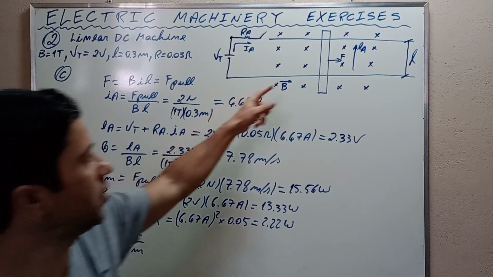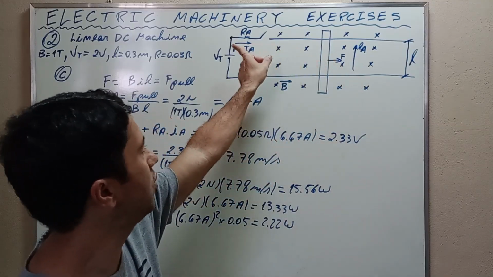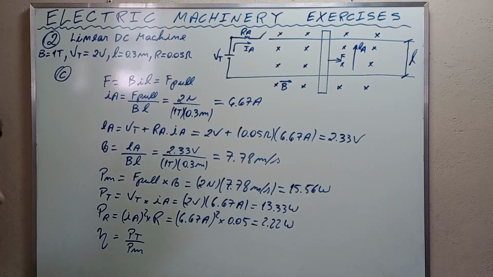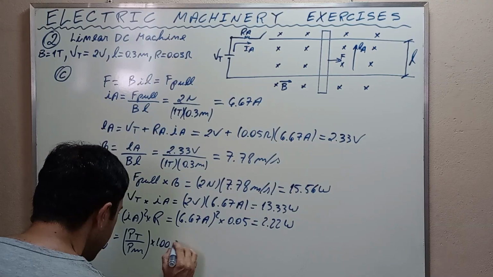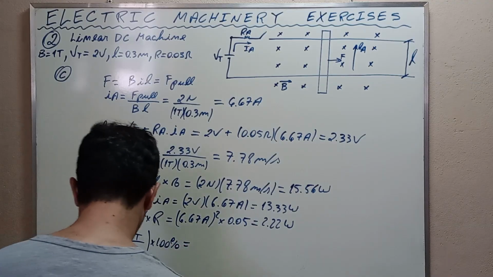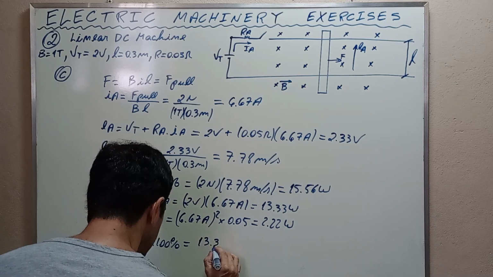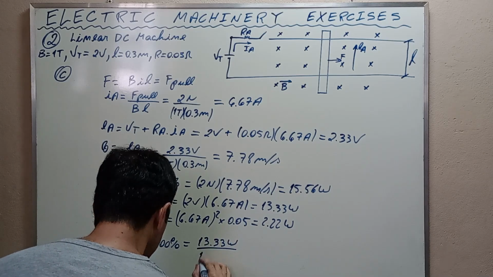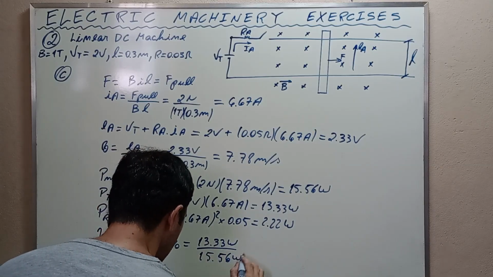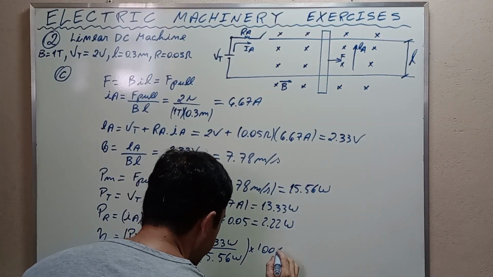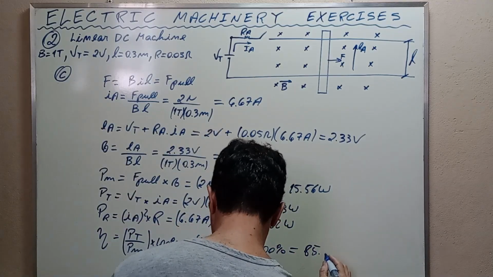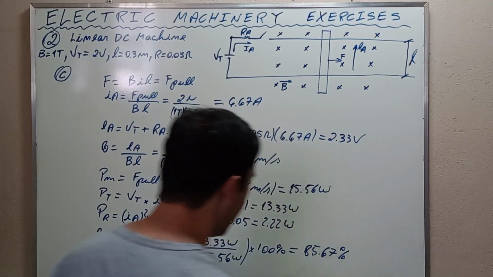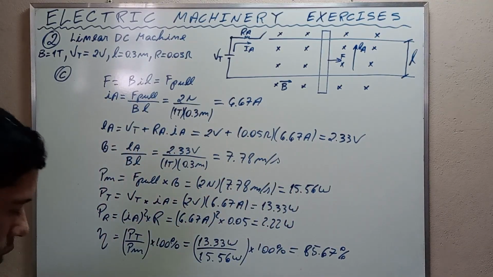But now, as there is this pulling force and the current is going backwards, thus charging the battery, the efficiency is going to be in this way, times 100%, and this is equal to 13.33 watts divided by 15.56 watts times 100%, and this is an efficiency of 85.67%.